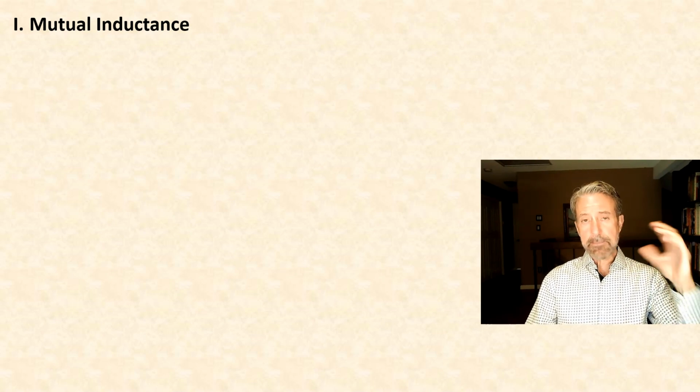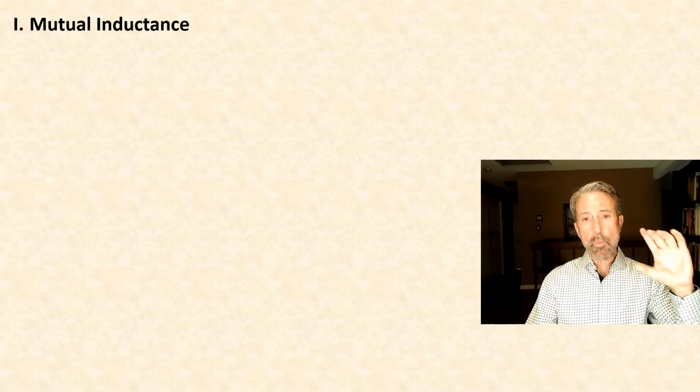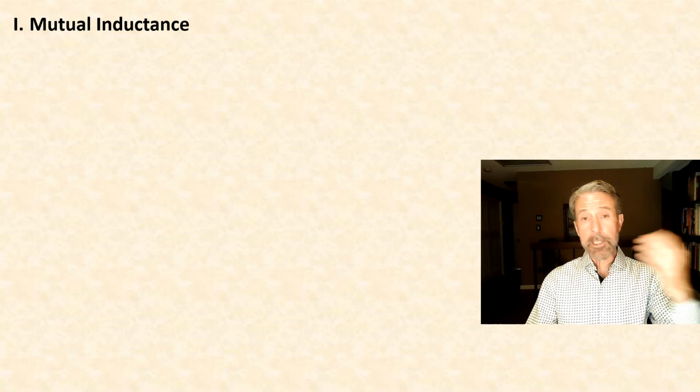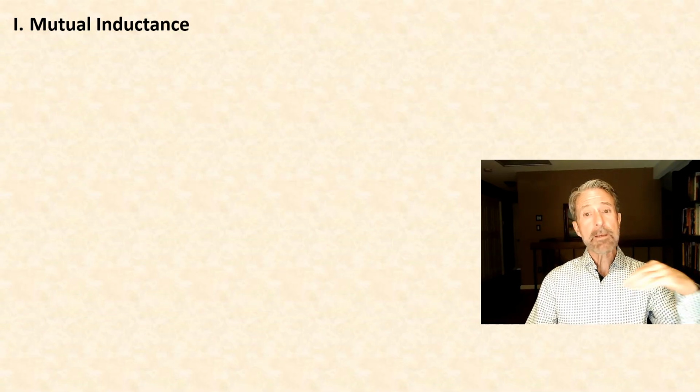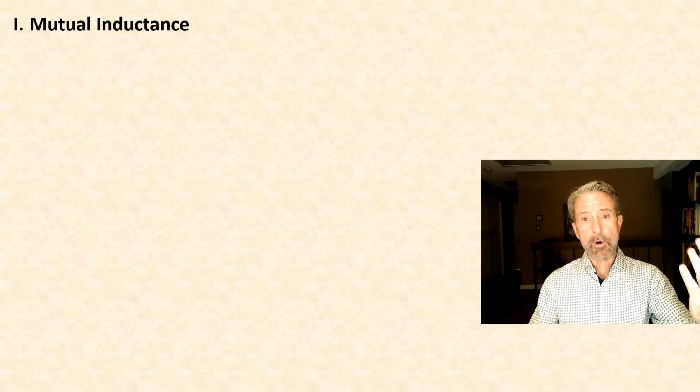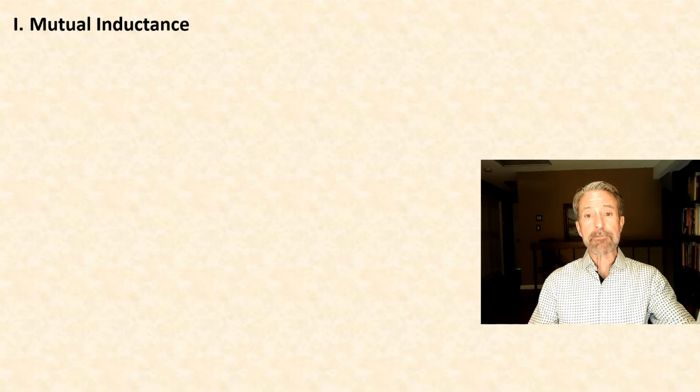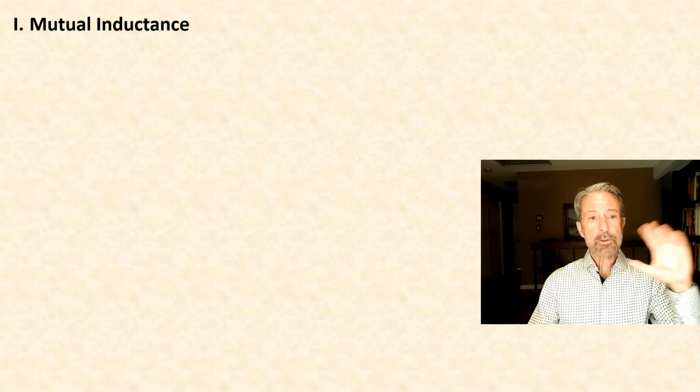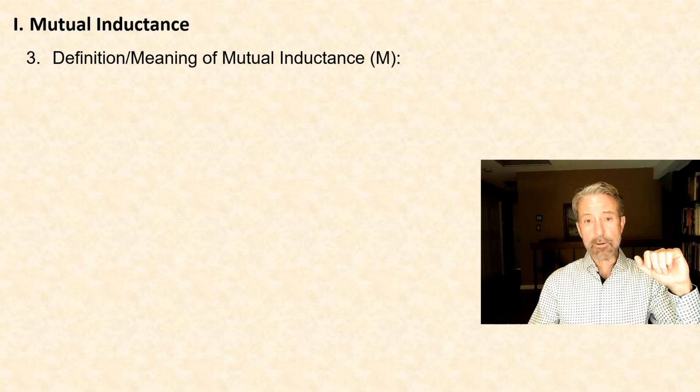Now, I've said that it doesn't matter which coil is powered. So essentially, we can say that the mutual inductance is simply the proportionality constant between the current in one coil and the total magnetic flux through the other coil. So we can define it as follows.